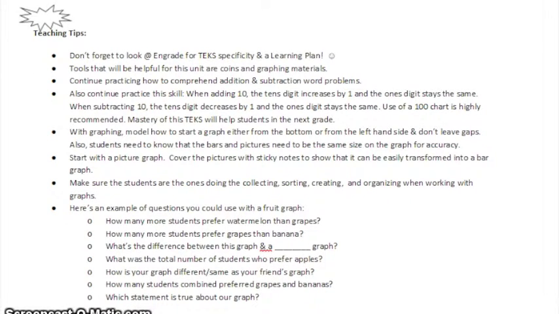It can be a bar graph with sticky notes. It can be recording the data with kids standing up and you're writing the number, or you're even going back and doing the tally marks. So again, as we talk about concrete, pictorial, abstract, we need to keep cycling in that idea of how are we going to move students through those different examples.